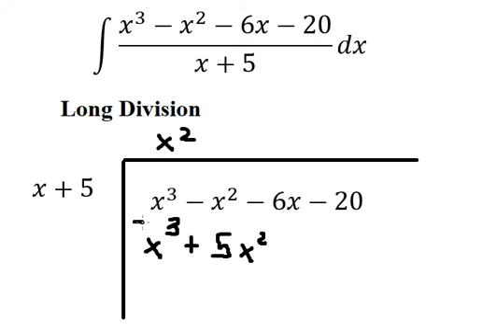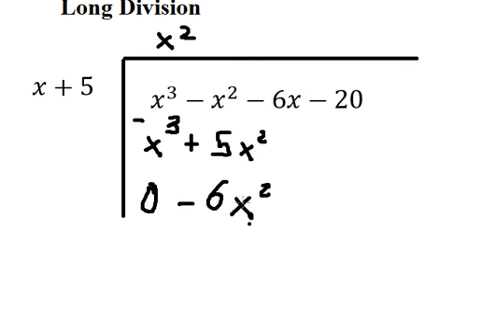Next, we need to minus two equations together. This one minus this one, we have number 0. Negative s squared minus number 5, we have negative 6s squared.